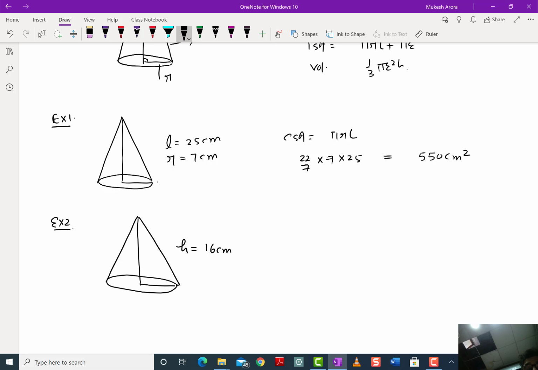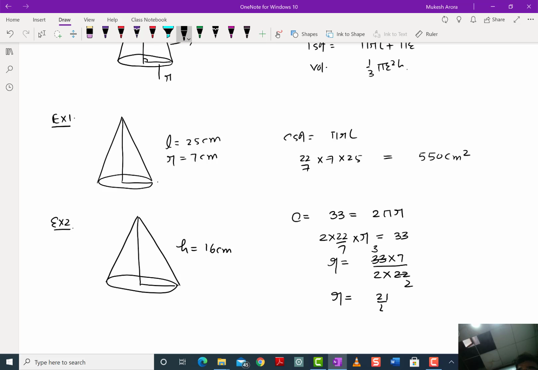Circumference of a base is equal to 2 pi r. So 2 into 22 by 7 into r is equal to 33. R is equal to 33 into 7 by 2 into 22. This is 11 3s are 33, 11 2s are 22. R is equal to 21 by 4.